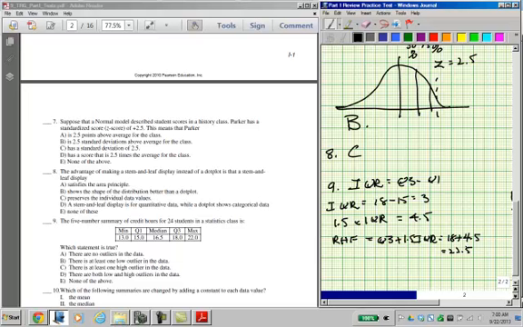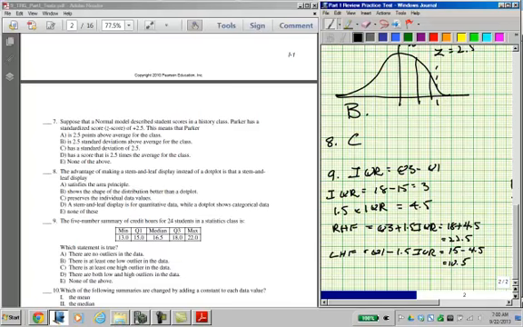Now, the left-hand fence equals Q1 minus 1.5 times the IQR, which is going to be 15 minus 4.5, which is 10.5. So clearly the minimum is not an outlier because it's within the fence. So, A, there are no outliers.